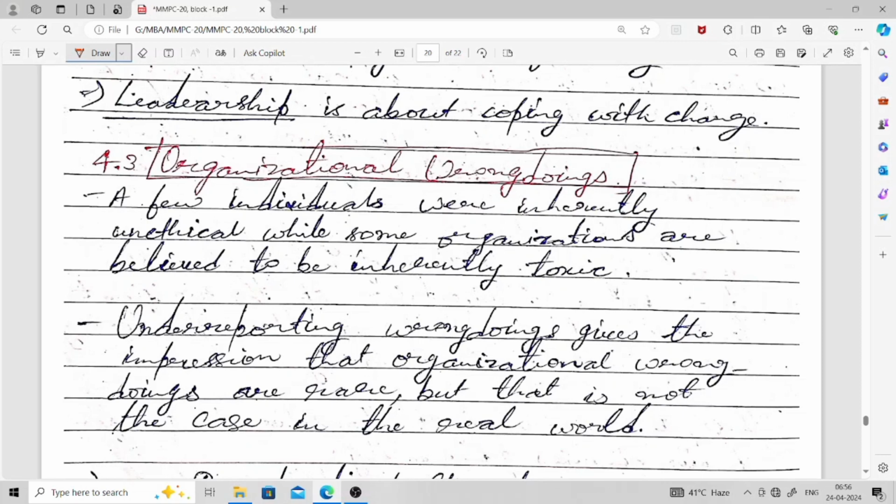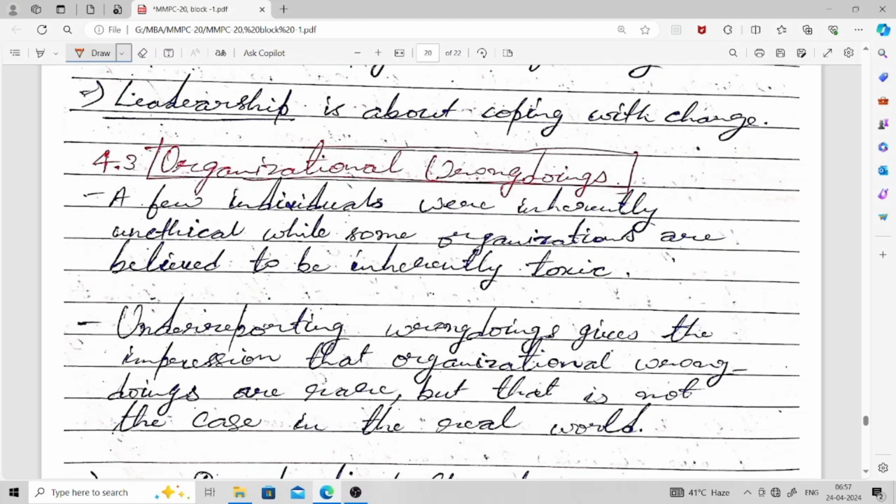And some organizations also practice unethical kinds of decisions. Underreporting wrongdoings gives the impression that organizational wrongdoings are rare, but that is not the case in the real world.